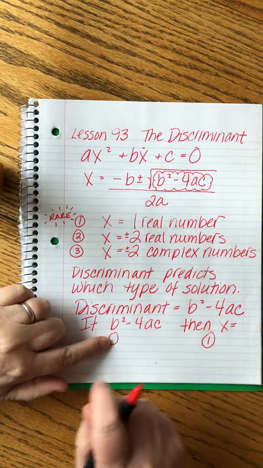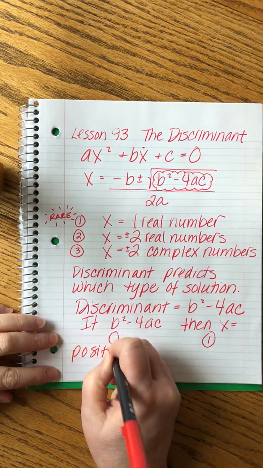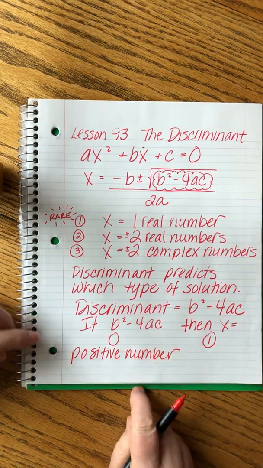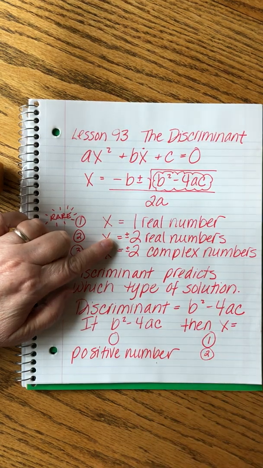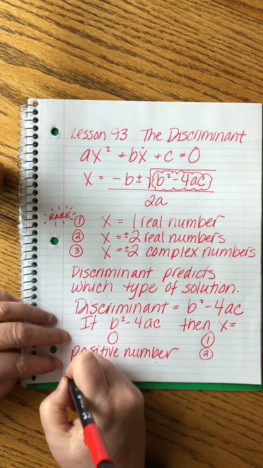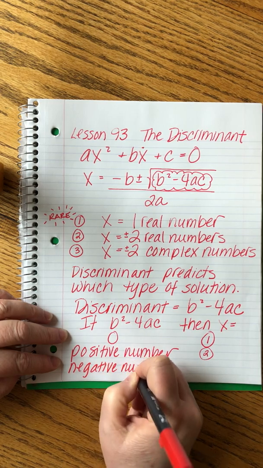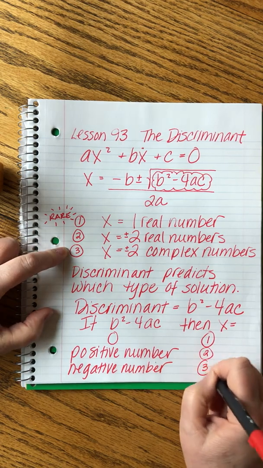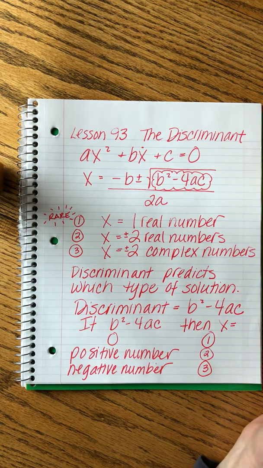If b squared minus 4ac is a positive number, then we will have scenario 2, two real number solutions. And if this little part, this b squared minus 4ac, is a negative number, then we will end up with scenario 3, where we have two complex numbers as our solution, okay?